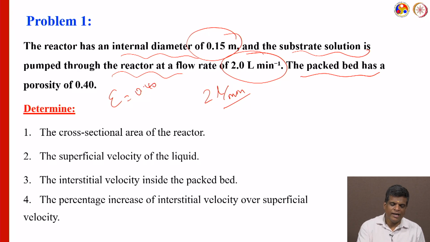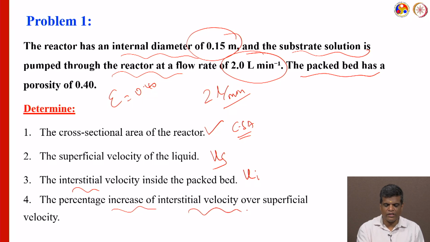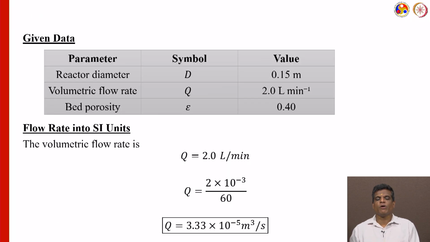What they are asking: determine the cross-sectional area of the reactor, then the superficial velocity Us, then the interstitial velocity Ui, then the percentage increase of the interstitial velocity over the superficial velocity. So, totally 4 they ask here. First, calculate one by one.